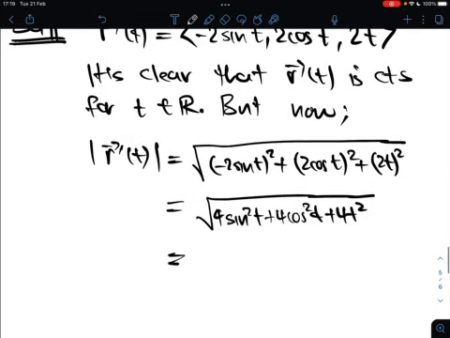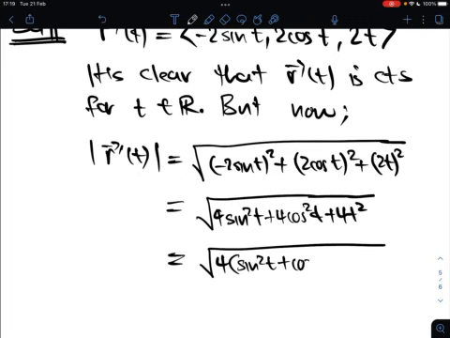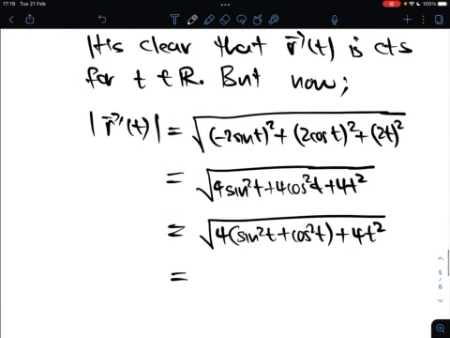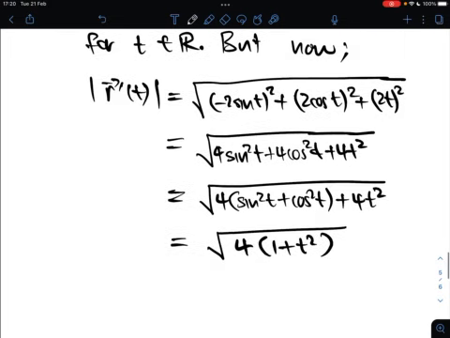If you pull out the 4, you will have sine squared t plus cos squared t plus t squared. But we know already that sine squared t plus cos squared t is 1, so we just get the root of 4 times 1 plus t squared. Pull out the 4, you get 2 root of 1 plus t squared.